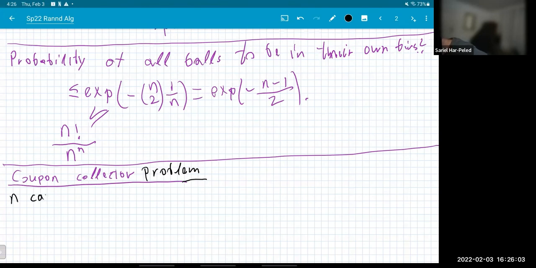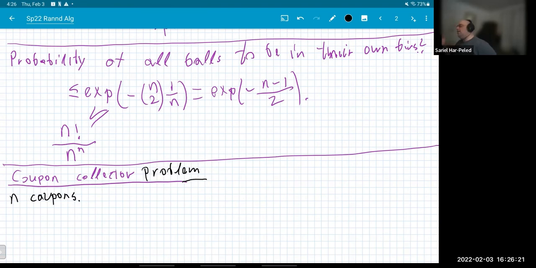I'm going to call those cards coupons. You might get a card when you buy something else. I guess in the good old days, you would buy a package of cigarettes and you would get a card or something like that.